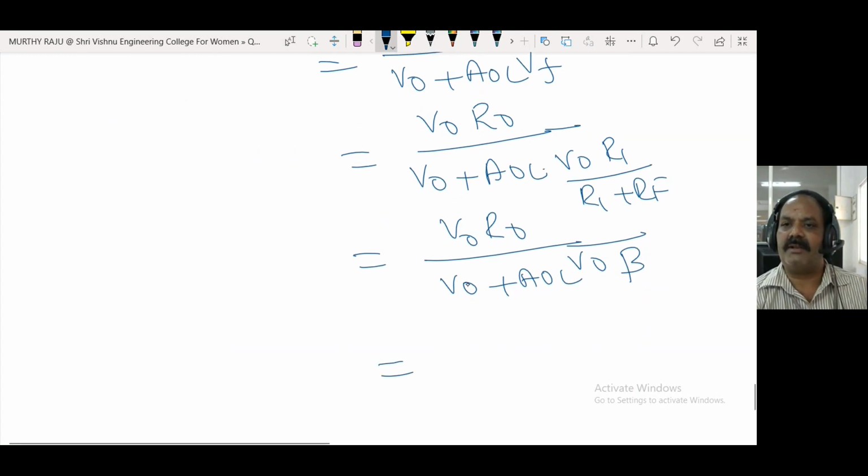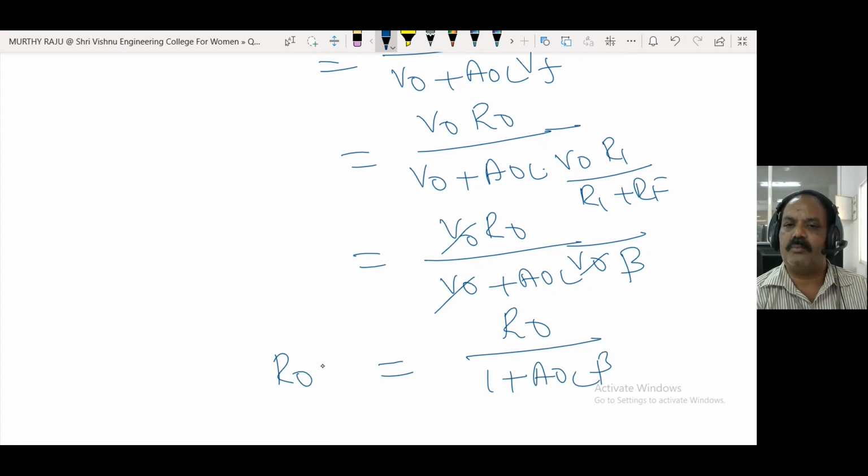V naught is the common term, so V naught is cancelled. Therefore, ROF is R naught by 1 plus AOL into beta. This is the output resistance of the non-inverting operational amplifier with negative feedback, decreased by a factor 1 plus AOL into beta.